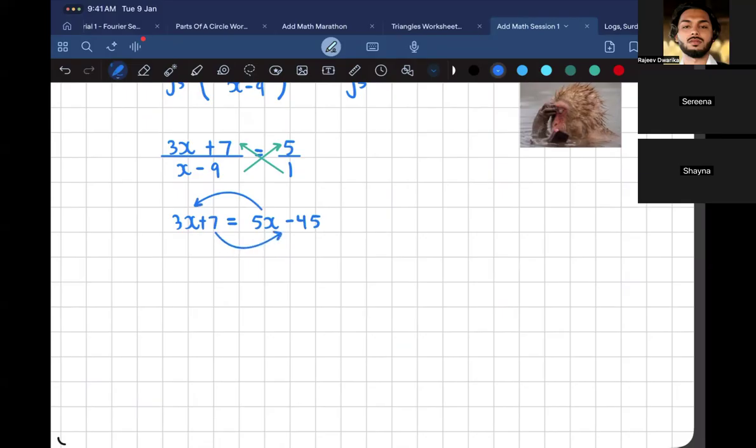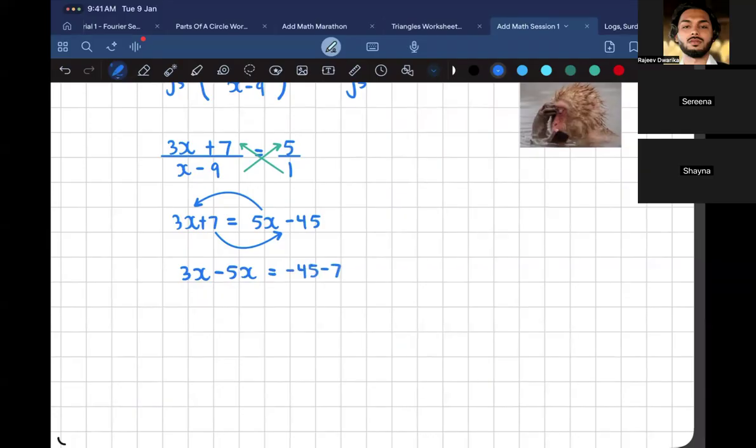Right, so I can end up with 3x minus 5x. And we move across the plus 7, so it wouldn't be there anymore. So that'll be equal to what? Minus 45 minus 7.